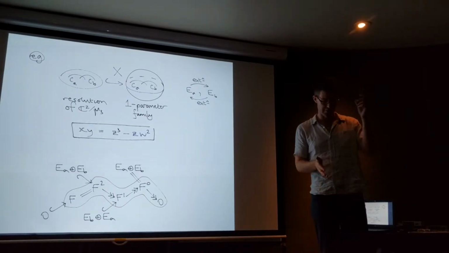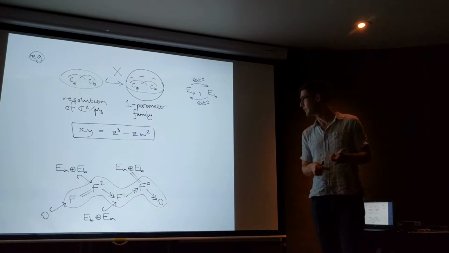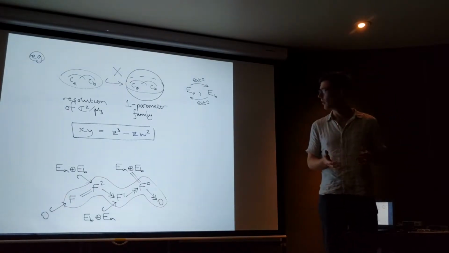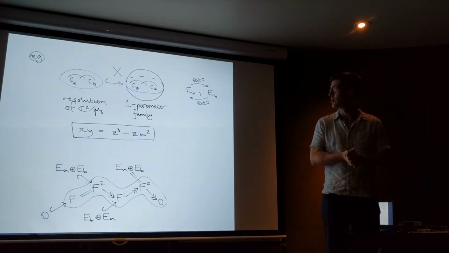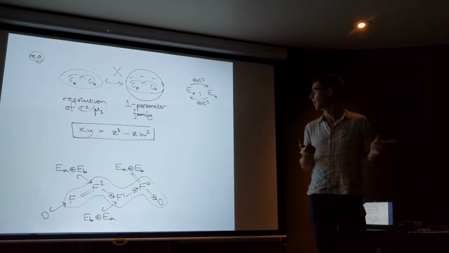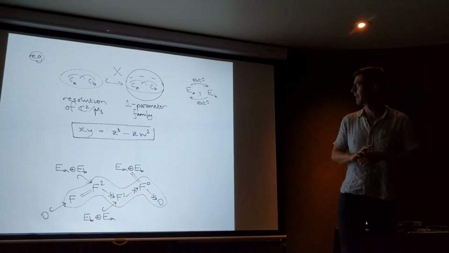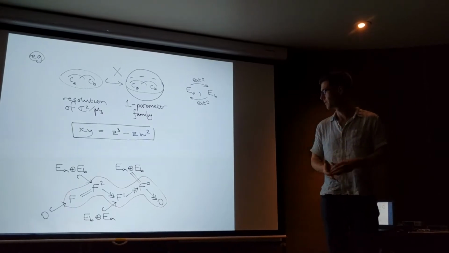And now that has a resolution with these 2 projective lines, CA and CB. And let's write EA and EB for the structure sheaves on those, considered as torsion sheaves on X. And now they have mutual extensions going one way and the other, corresponding, if you do the calculation, to that intersection point between the curves.